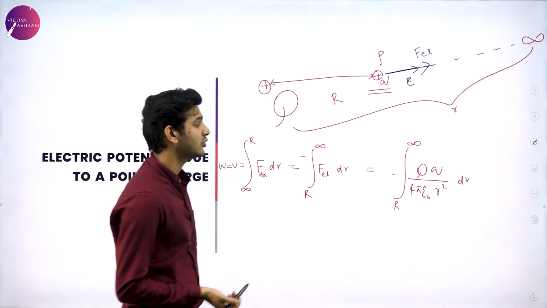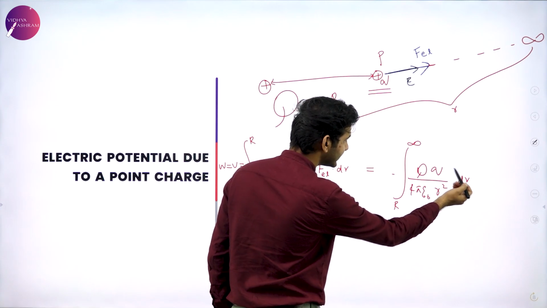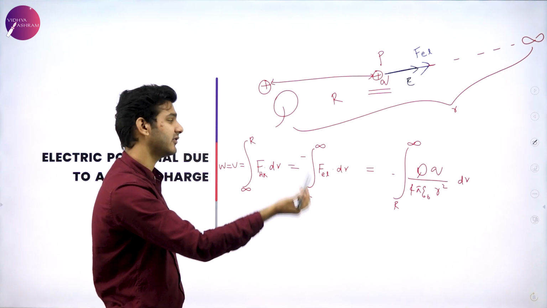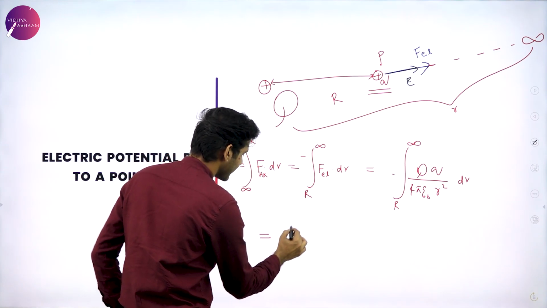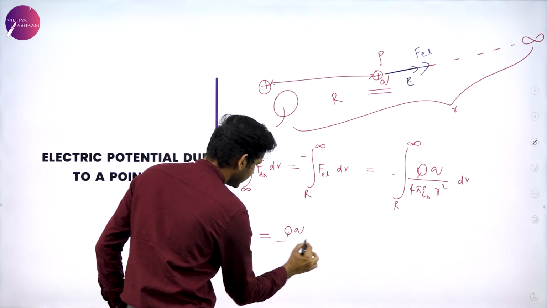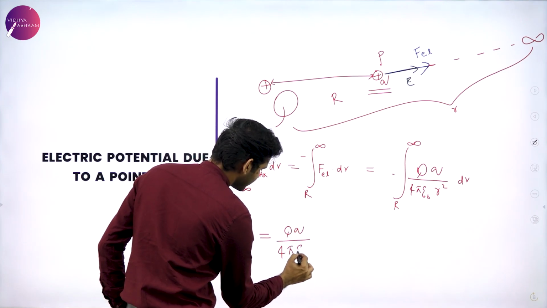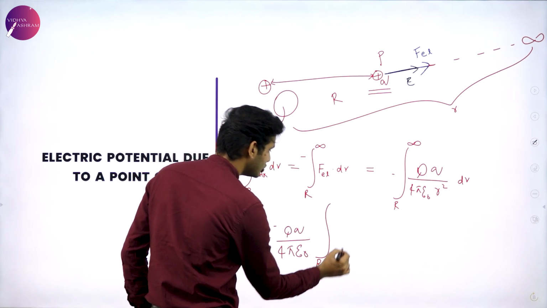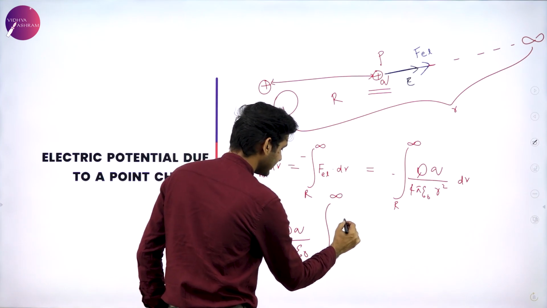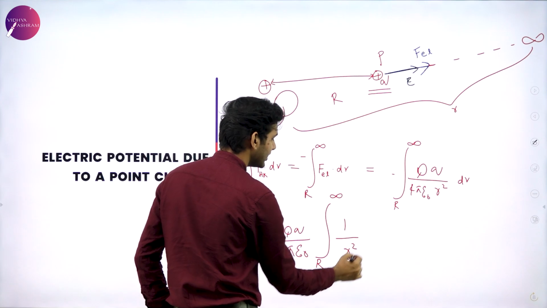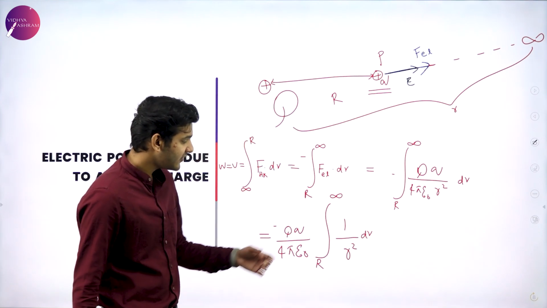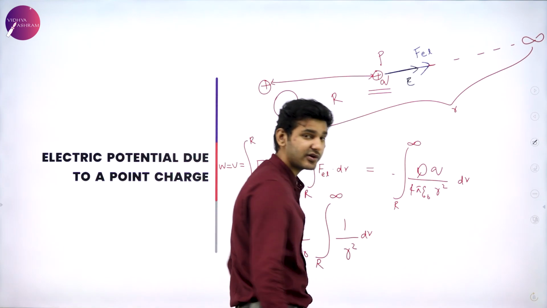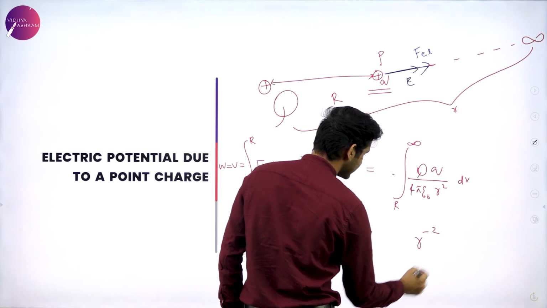If you look here, the only quantity that can be integrated is the distance, that is dr. So everything else inside the integral will come outside. We can write this as q divided by 4 pi epsilon naught times the integral, with the minus sign here, from r to infinity, of the remaining quantity 1 by r square dr. So when we integrate 1 by r square from r to infinity, what do we get? 1 by r square we can write as r raised to minus 2.